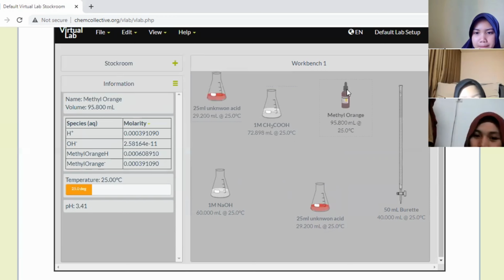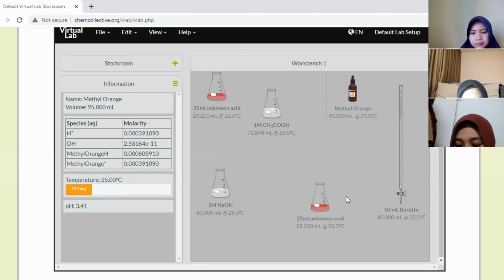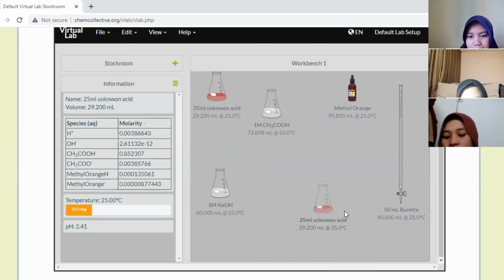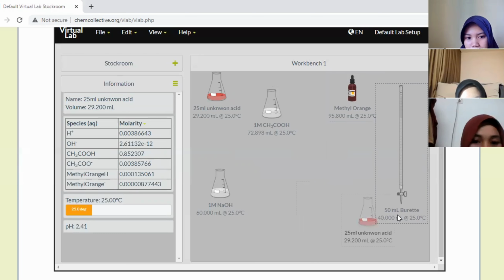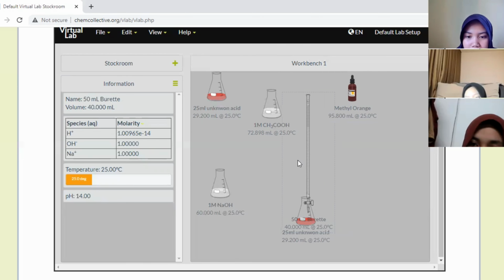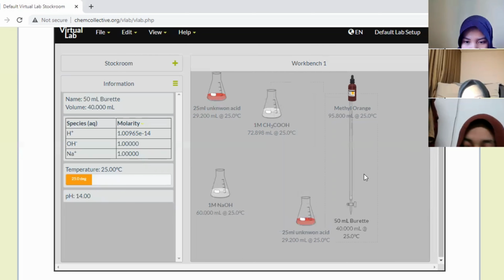So next, take the burette which consists of 40 milliliter NaOH and pour it into the flask. Okay, it's ready. I put one.